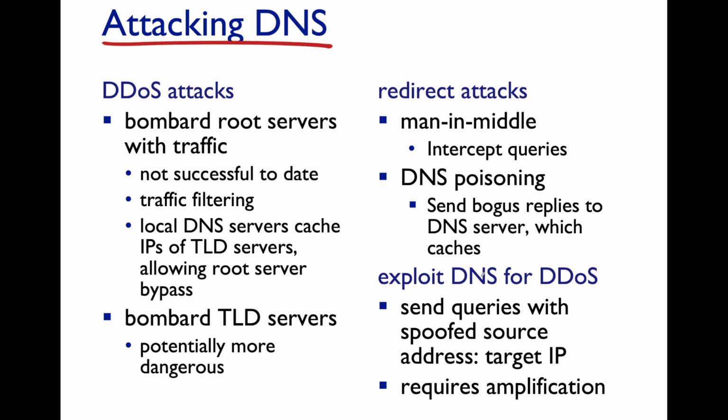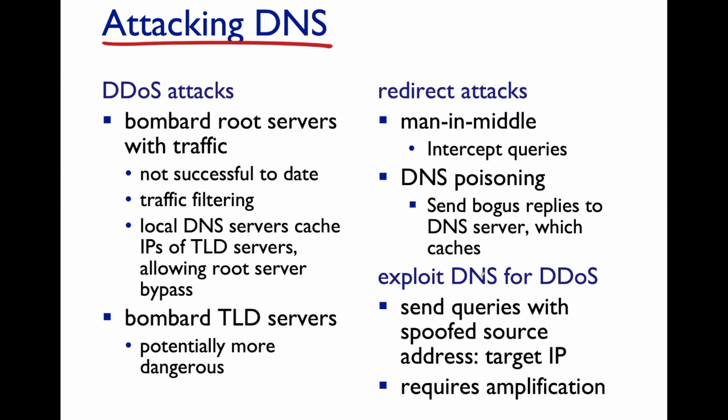So now, as the man in the middle, you intercept them, and then when they try to connect, you control what it is they're trying to do. There's DNS poisoning. You could try to send bogus replies and in effect, in doing so, populate all of those local DNS caches with false entries, and in doing so, deny someone the ability to access web resources.